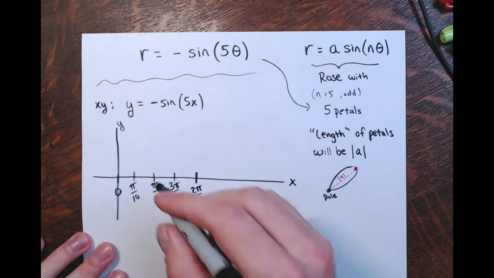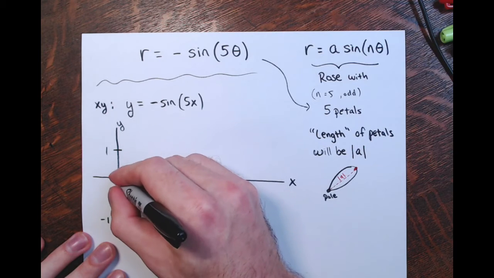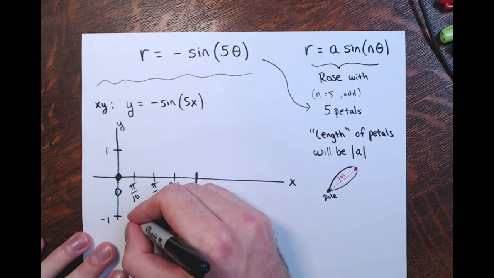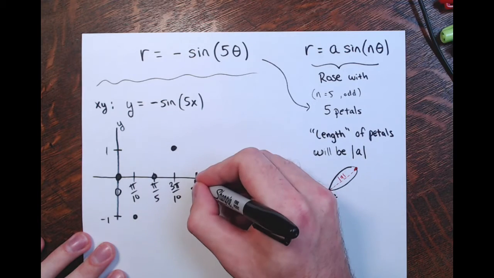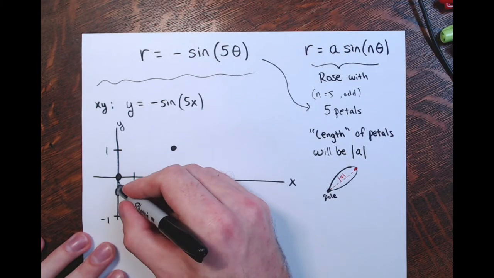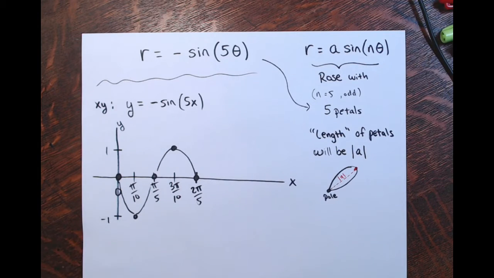And then, again, the highest it's going to get is 1, the lowest it's going to get is negative 1, and sine of 0 is 0. And the graph looks like this. Negative 1 here, positive 1, 0 there, positive 1 here, and then there. Right? And again, you should be able to graph sine waves and cosine waves this easily.